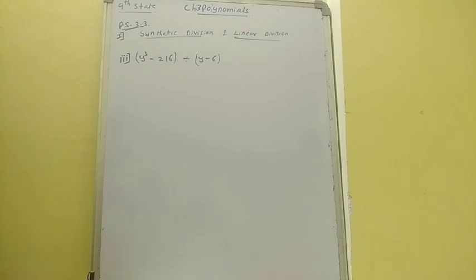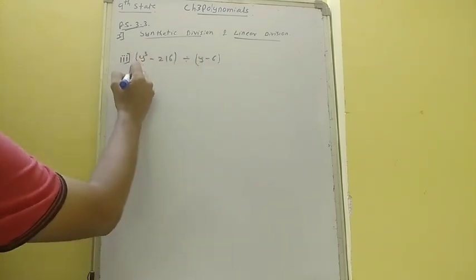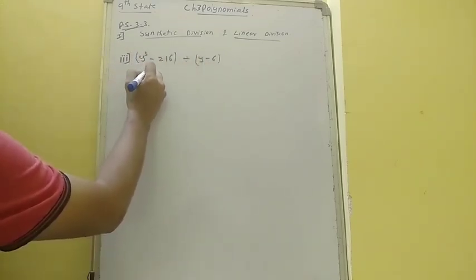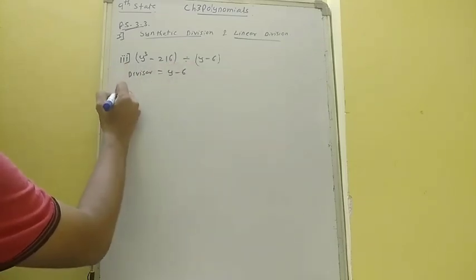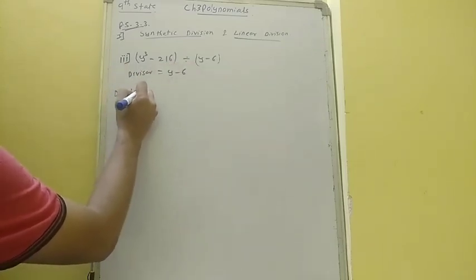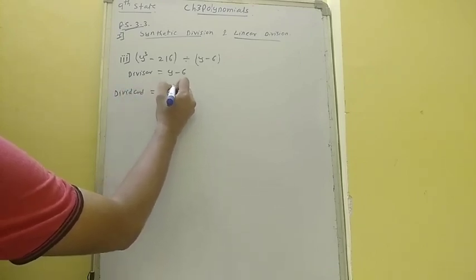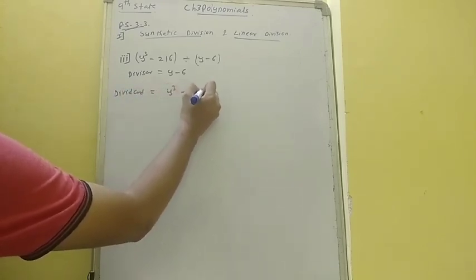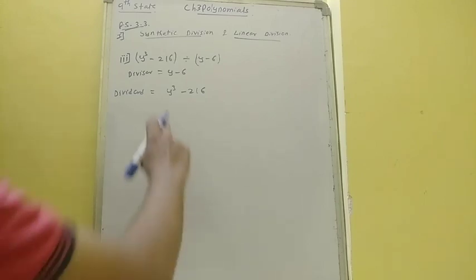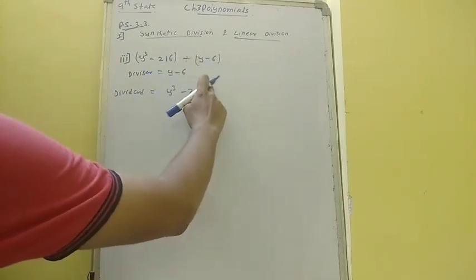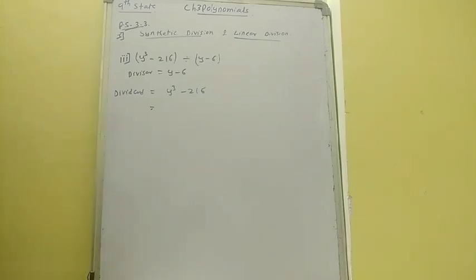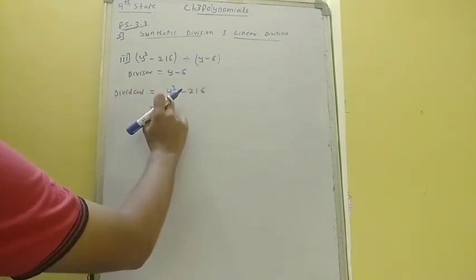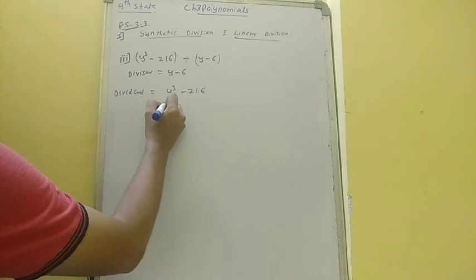Okay, so in the third question we have the divisor as y minus 6 and we have the dividend y cube minus 216. Okay, so we will write this dividend in terms of the linear part, that is the divisor y minus 6. Okay, to get y over here, I will take y square common.